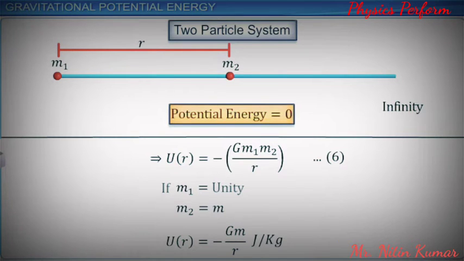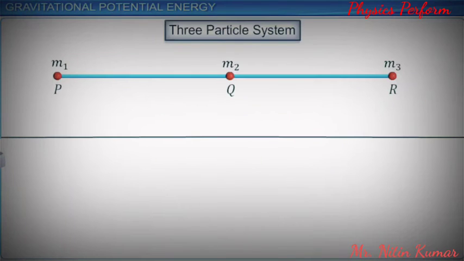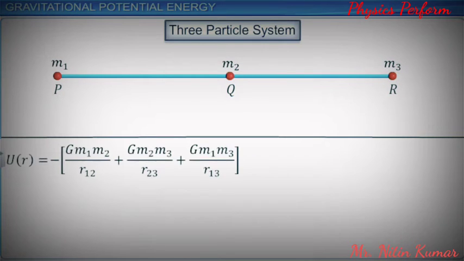Extrapolating this application of superposition principle to an isolated system containing n number of particles, the total potential energy of the system of particles is equal to the sum of the energies of all the possible pairs of its constituent particles. Thus, you have learned about the gravitational potential energy in two-particle and three-particle systems.